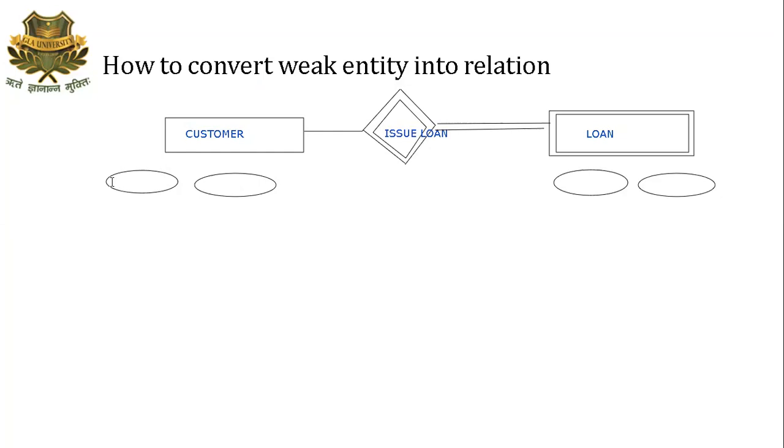So this is the customer ID, and this is the customer name, and this is the loan name, and this is the loan date, the loan issuing date, right? Attributes are linked with the entity like this.